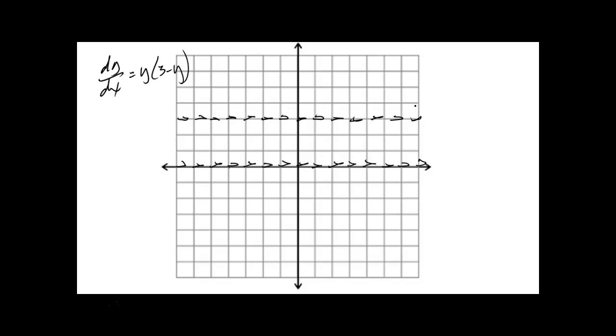Okay. Now, in between there, you have a variety of things going on. Let's say when y is equal to 1, you have 1 times 2, so there's a slope of 2.